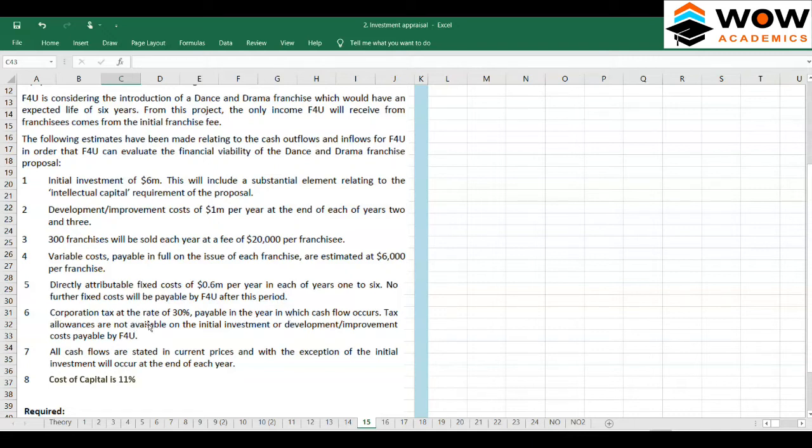Corporation tax at the rate of 30% is payable in the year in which the cash flow occurs. Tax allowances are not available on the initial investment or development or improvement cost payable by F4U. All cash flows are stated in current prices and, with the exception of the initial investment, will occur at the end of each year.